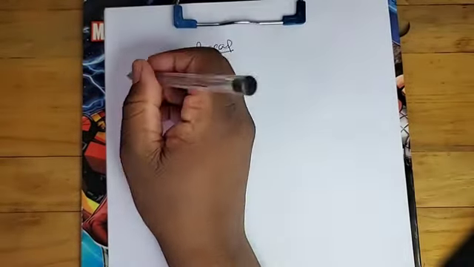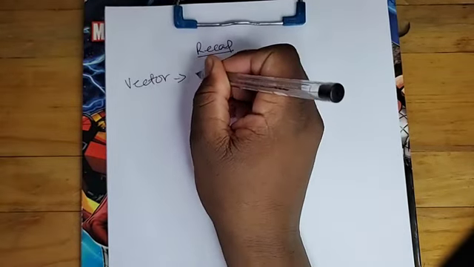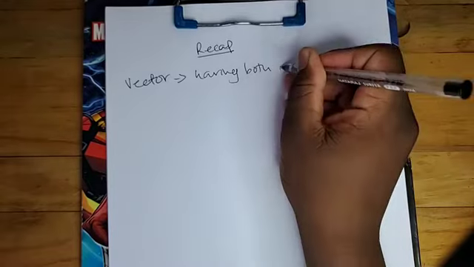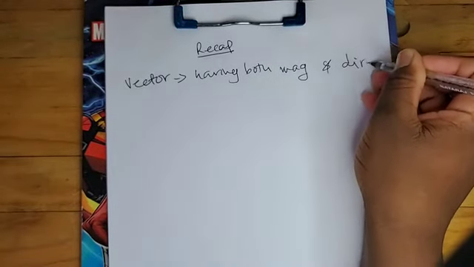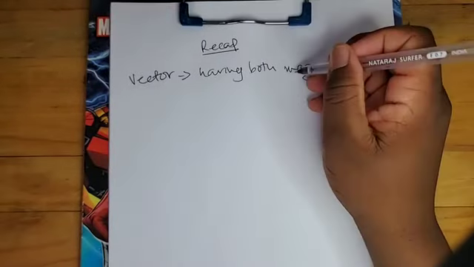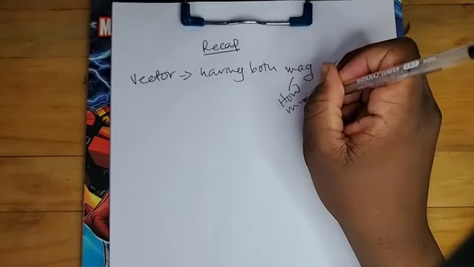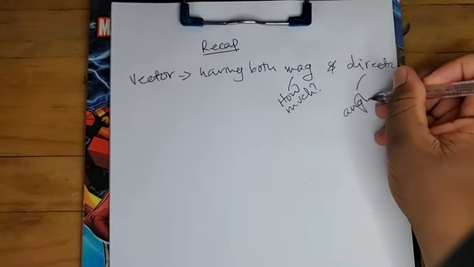We started by defining vectors, and we defined a vector as a quantity having both magnitude and direction. The magnitude refers to how much we have, and the direction refers to the angle.